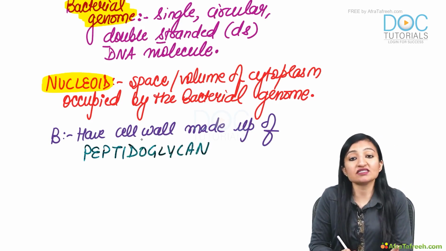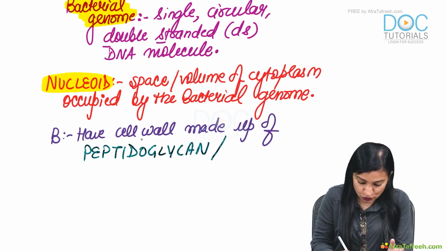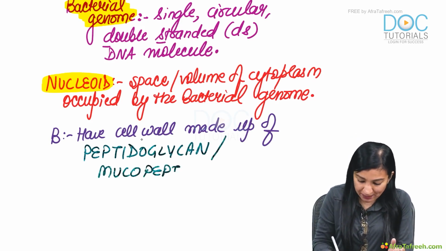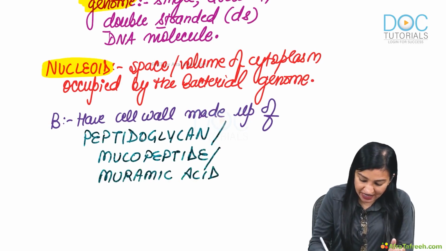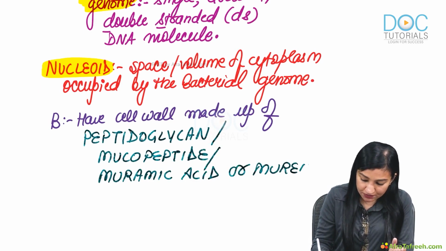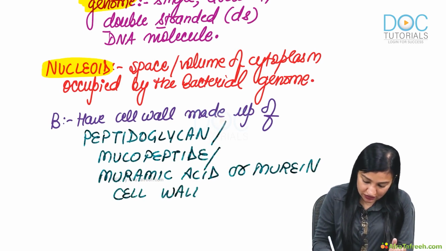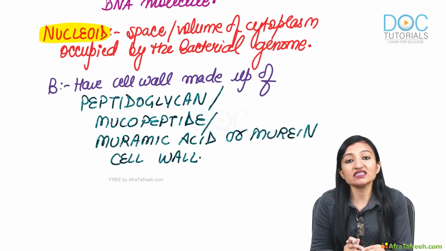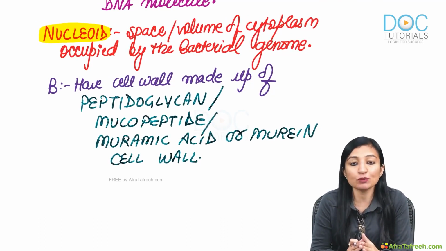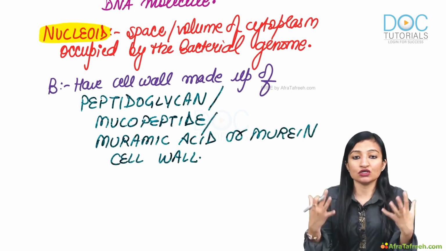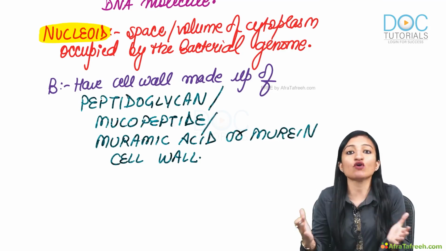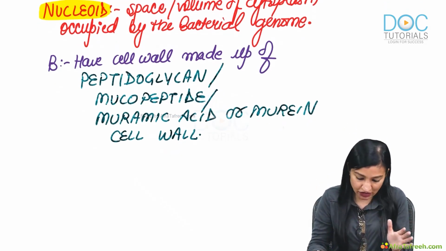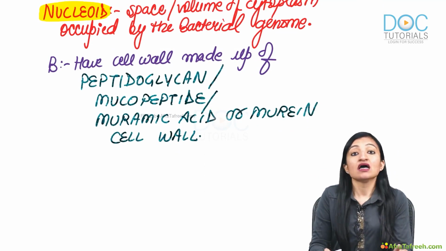So bacteria have a cell wall made up of peptidoglycan, also known as mucopeptide or muramic acid or murein cell wall. You are not going to hear this word anywhere else. It is a term used only for bacteria and for no other organism. We'll come to this later on.